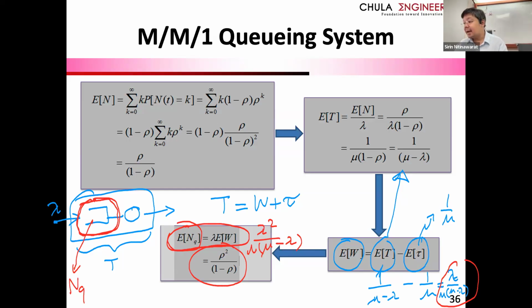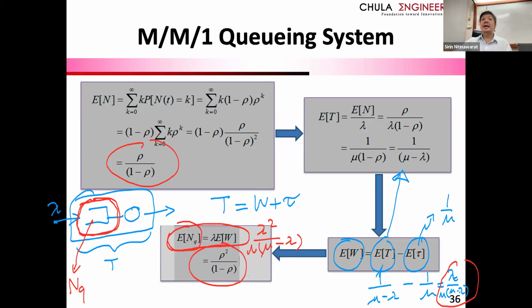So notice that that is less than E of N, because NQ is upper bounded by N. But it could be less than N because when there's one customer being serviced, N will be NQ plus 1. When there's only one customer, NQ will be 0 and N will be 1, okay?